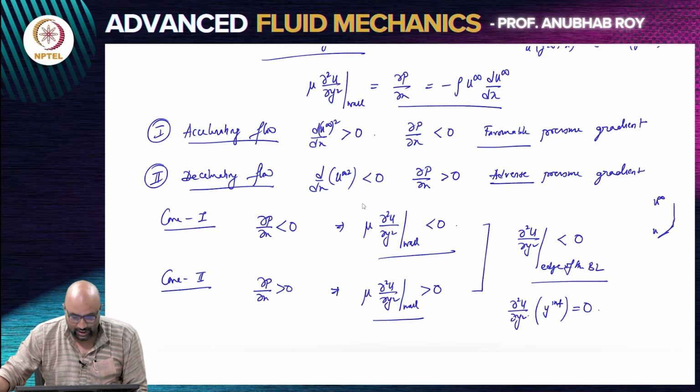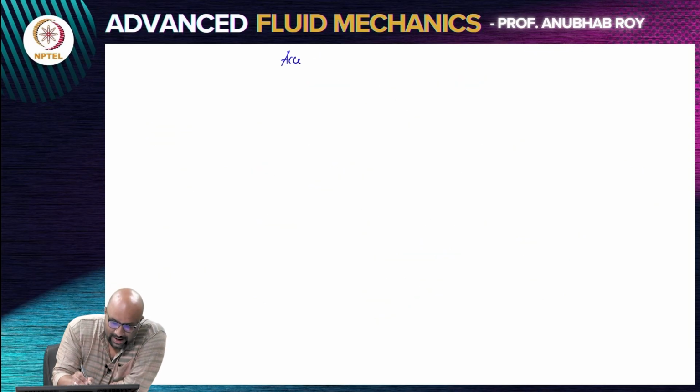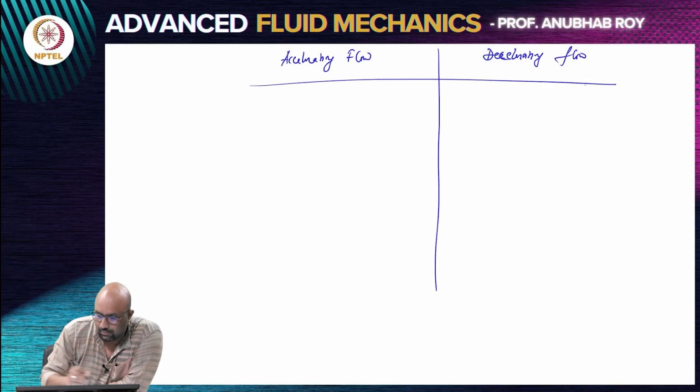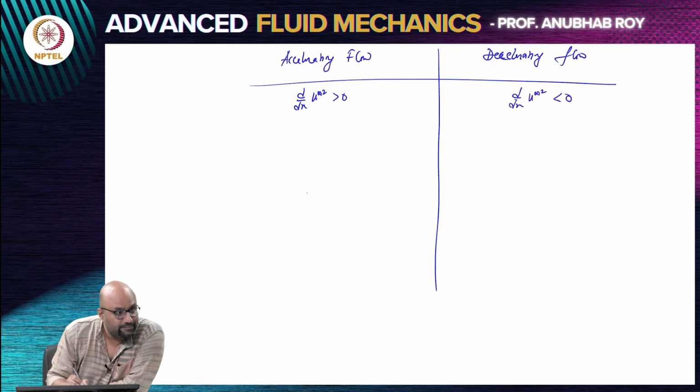So what should it look like? Let's try to sketch. Accelerating flow, decelerating flow. Accelerating flow implies d/dx of u infinity squared is positive; decelerating implies d/dx of u infinity squared is negative.